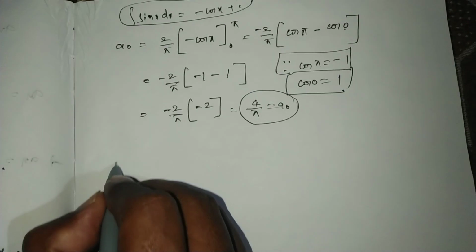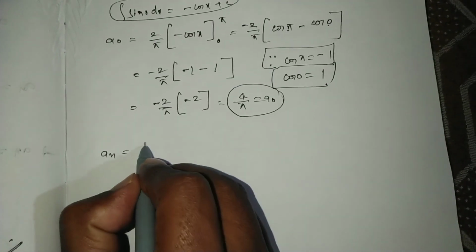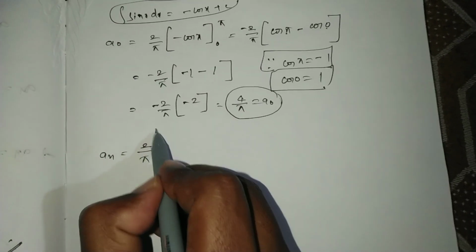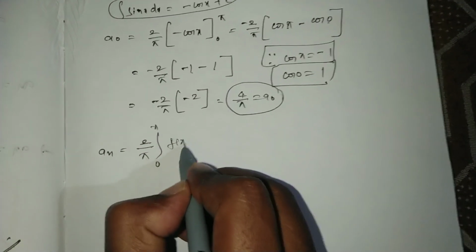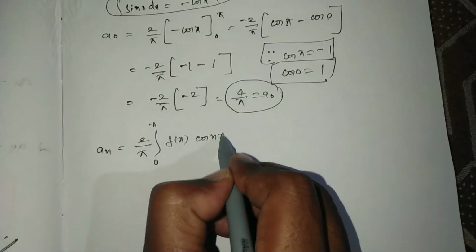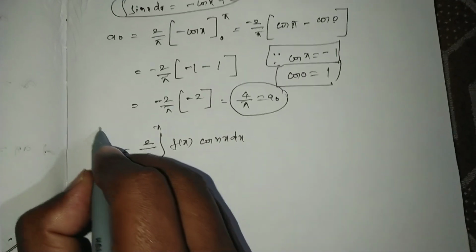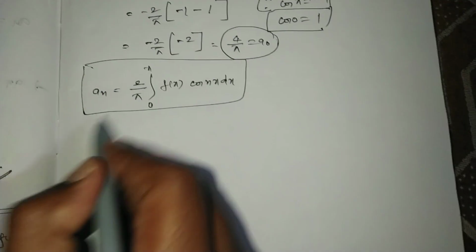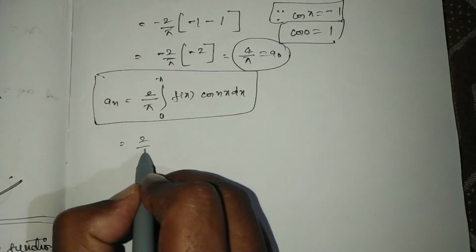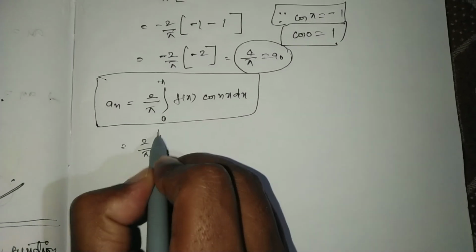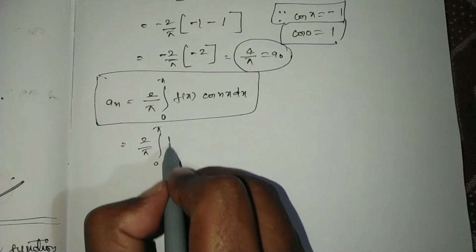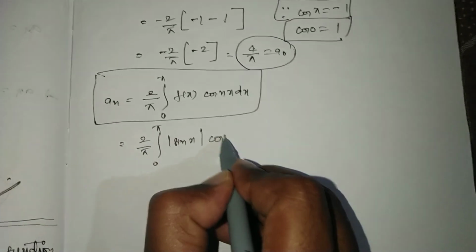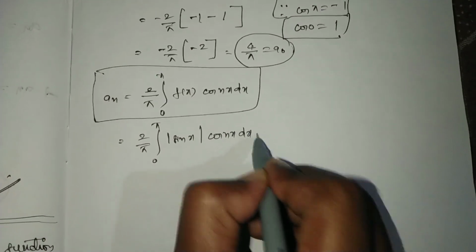Now we need to find the an value, the formula is 2 by pi times integral 0 to pi f of x cos nx dx. Okay, now 2 by pi times integral 0 to pi f of x value is mod sin x into cos nx dx.